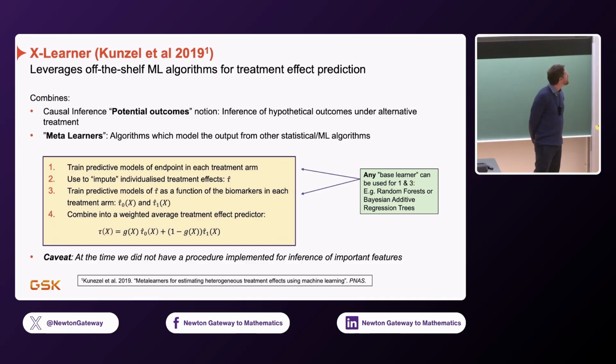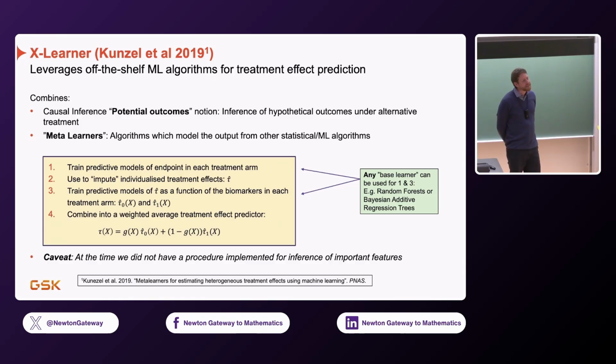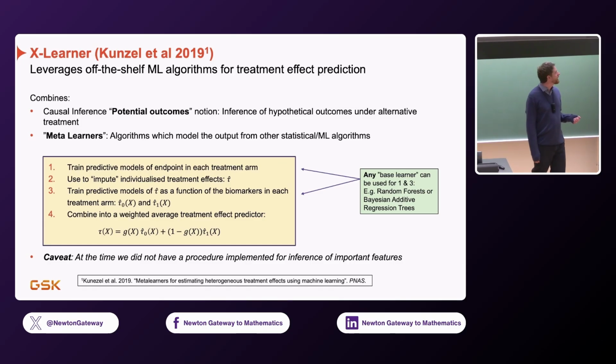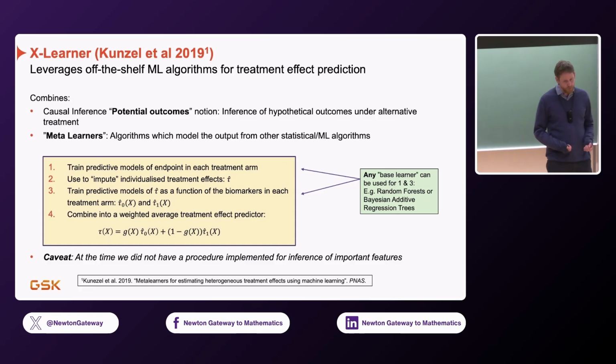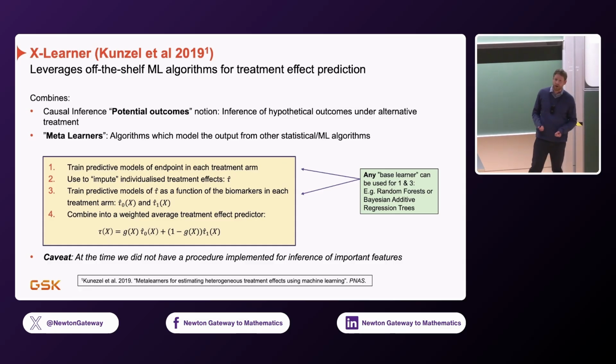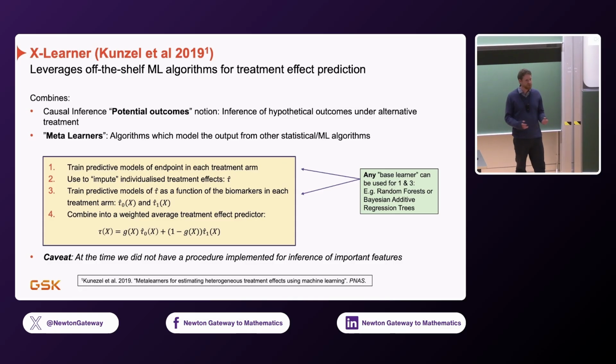The yellow box gives us a simple recipe for what is done. You would train a predictive model in each treatment arm of your trial for the outcome. So at this point, you've got a predictive model for the endpoint or clinical outcome under treatment, and another one that predicts the outcome under control or placebo or standard of care.